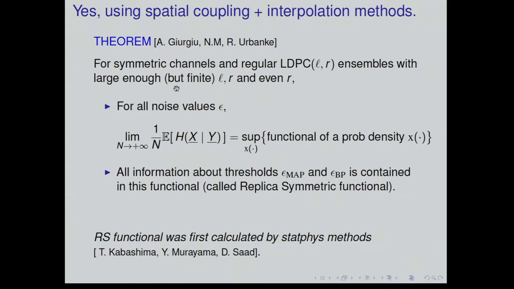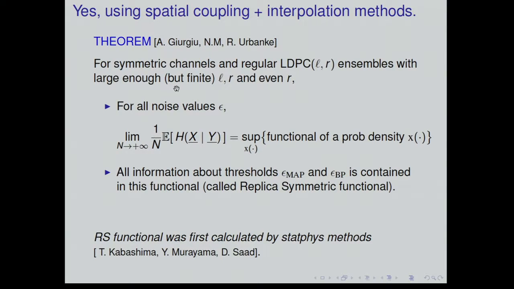Okay. Under these assumptions, one can prove that this limit of the conditional entropy, the average over the code ensemble, is given by a variational problem, and this variational problem involves a functional of some probability density x that I don't specify for the moment. I'll specify it later.